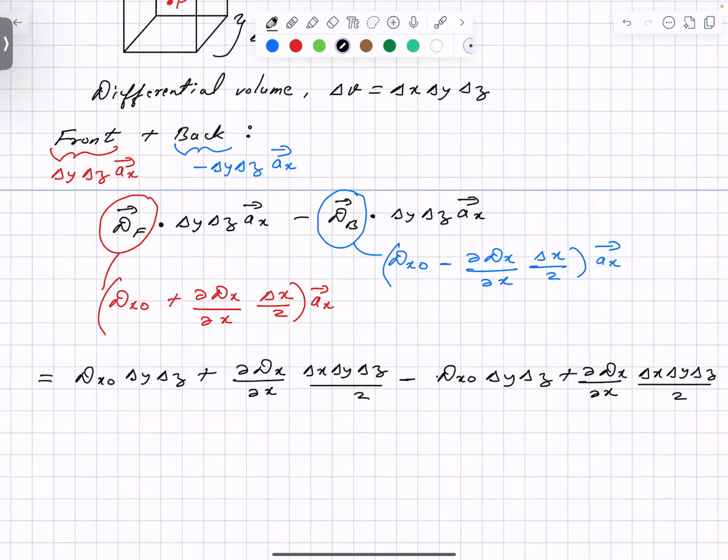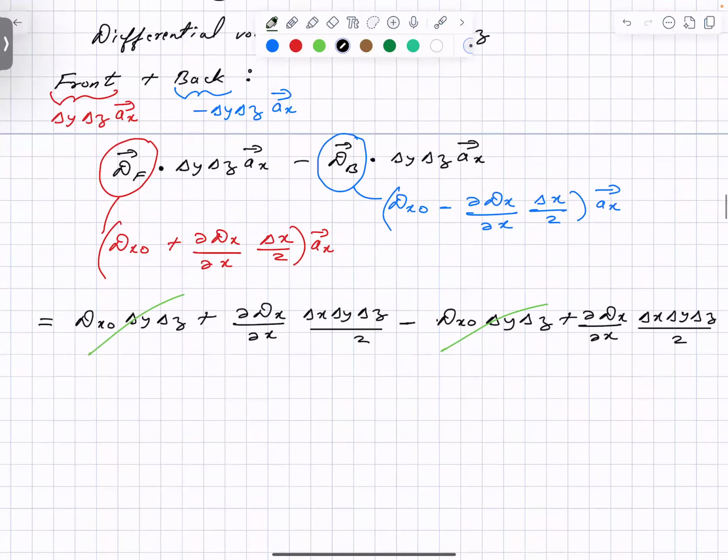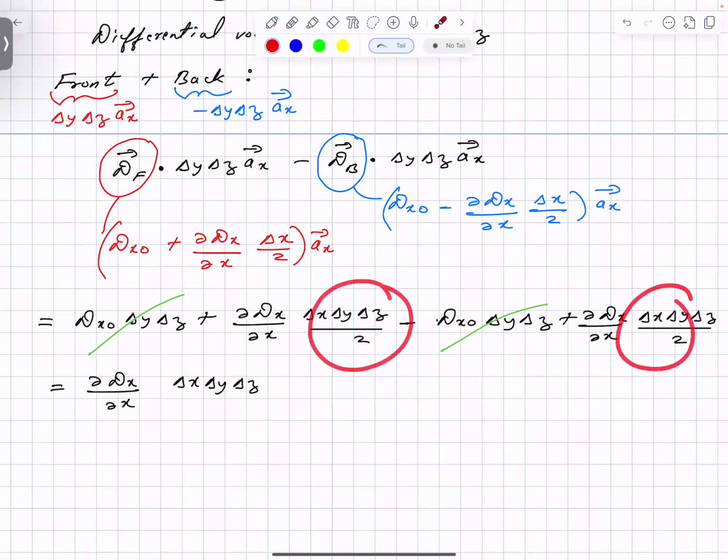So these two components come from the back surface. And now what we can see is that this will cancel that component. And then adding the remaining two terms, what we get is delta x, delta y, delta z, because this one has a half, this one has a half, and we can add those two to get this.